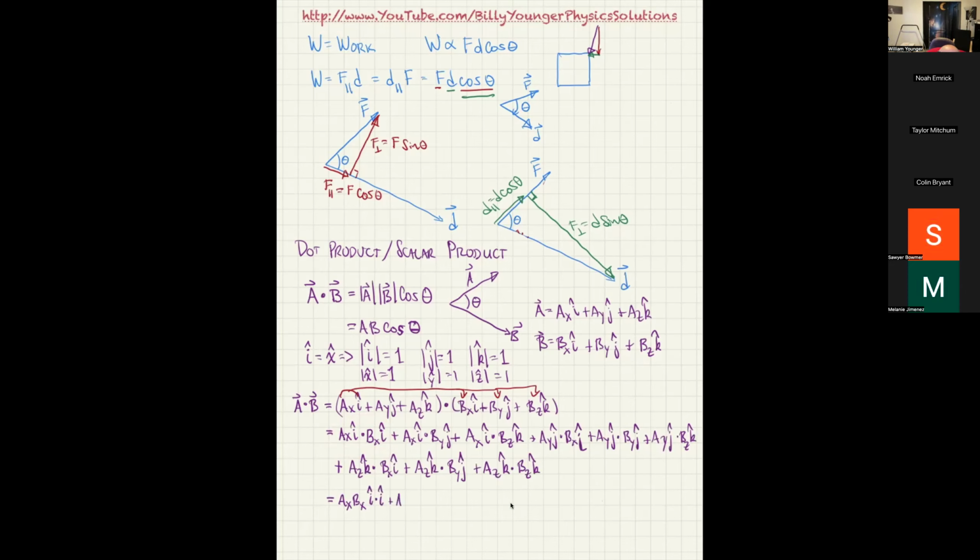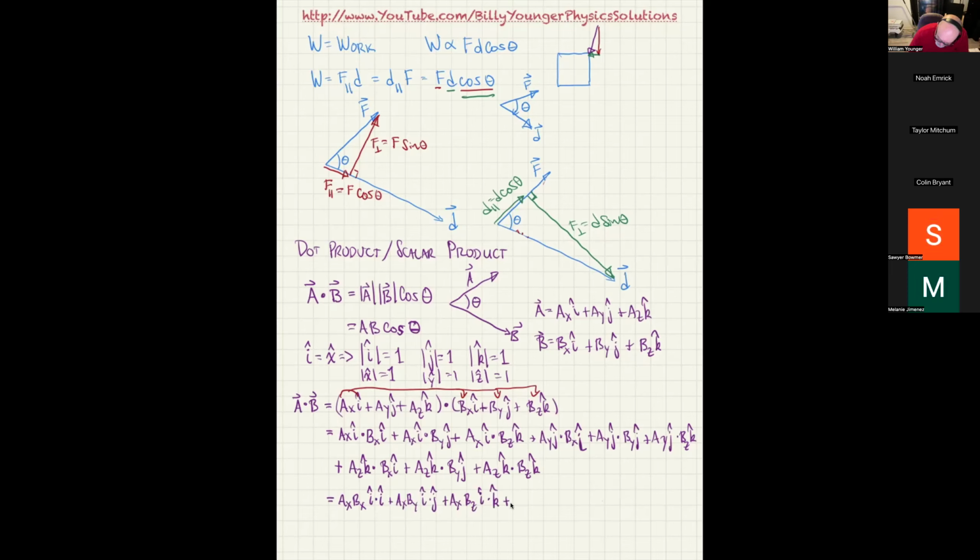Notice that's going to be ax by i hat dot j hat. And I can do it with the third term, which would be ax bz i hat dot k hat plus, and I'll leave that there right now. I'm going to leave that there and think about these individual terms so we can see a pattern and hopefully save us a little bit of writing.